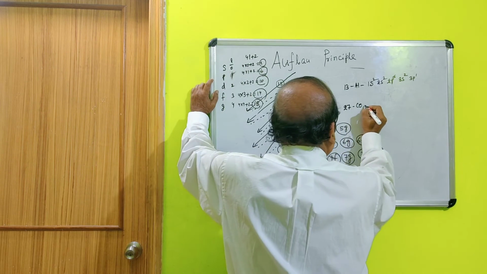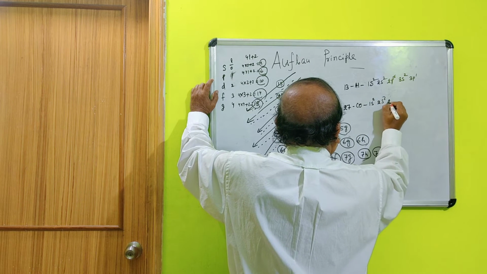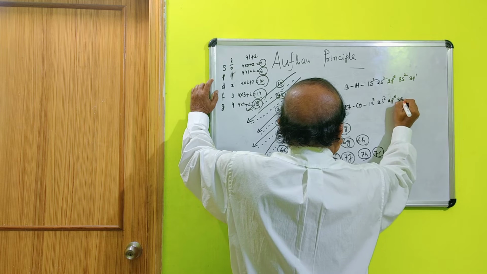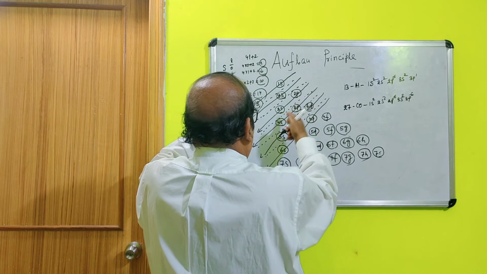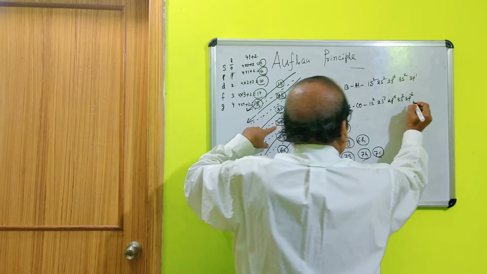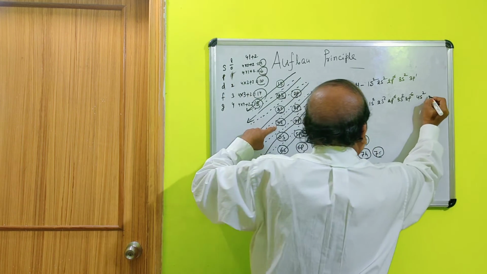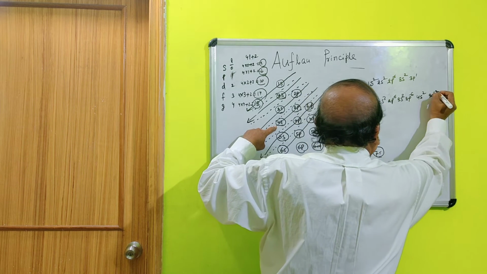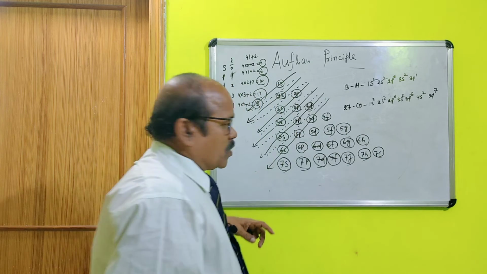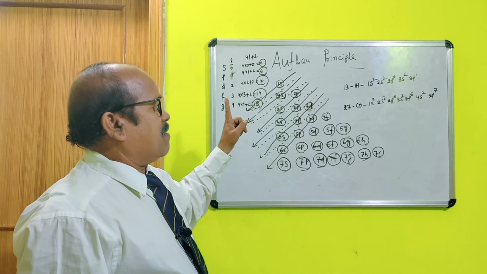So for 27, 1s2, 2s2, 2p6, 3s2, 3p6. This is 18. After 3p6, the electrons will go to 4s2. Then after 4s, 3d. This is up to 20, then 3d7. So this is how the electrons are filled up in a subcell.